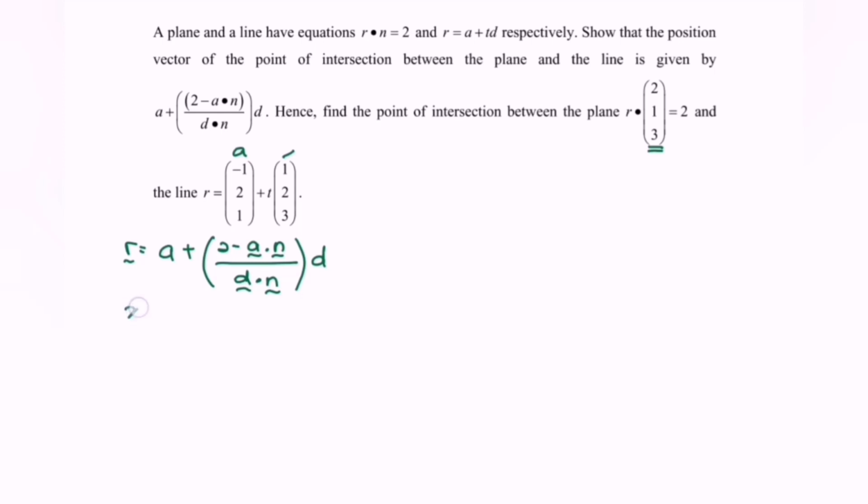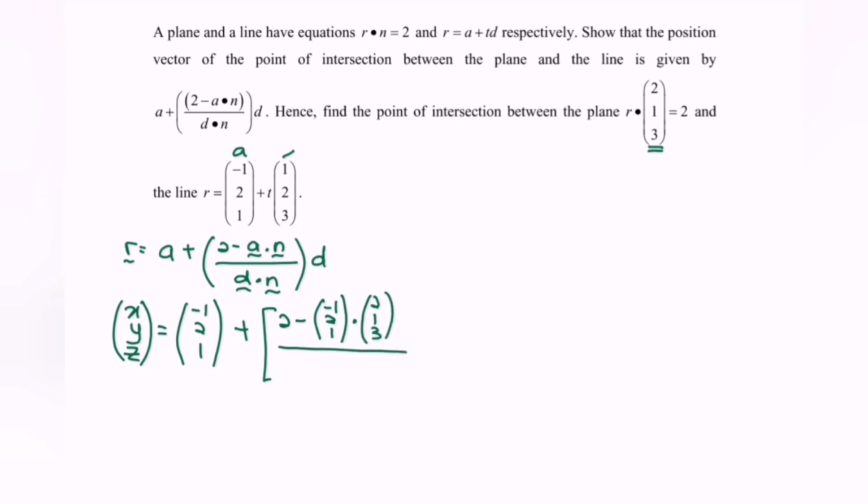So here we have (x, y, z) equals a, which is (-1, 2, 1), plus the bracket (2 minus a dot n), where a is (-1, 2, 1), dot with n, (2, 1, 3), over d dot n, where d is (1, 2, 3) dot with n, (2, 1, 3), multiplied by d, (1, 2, 3).